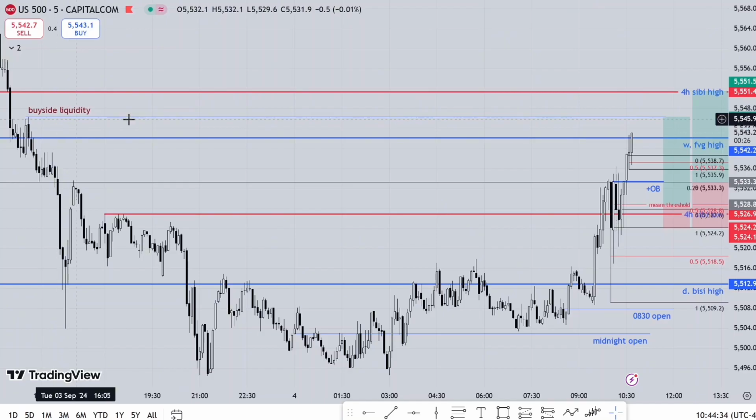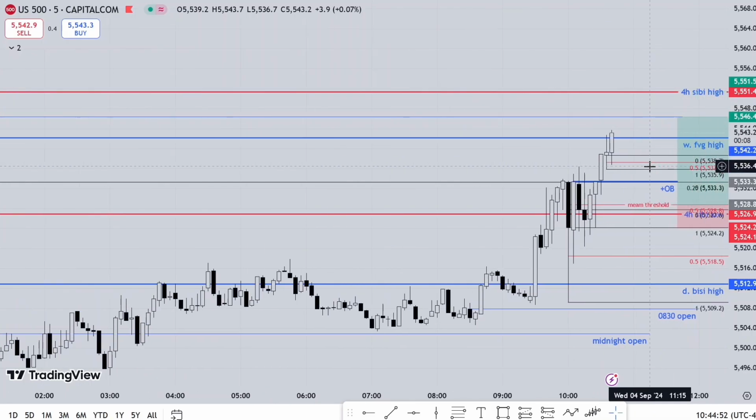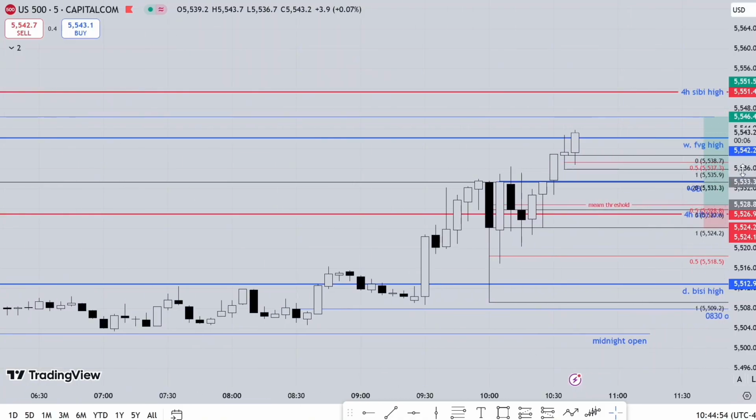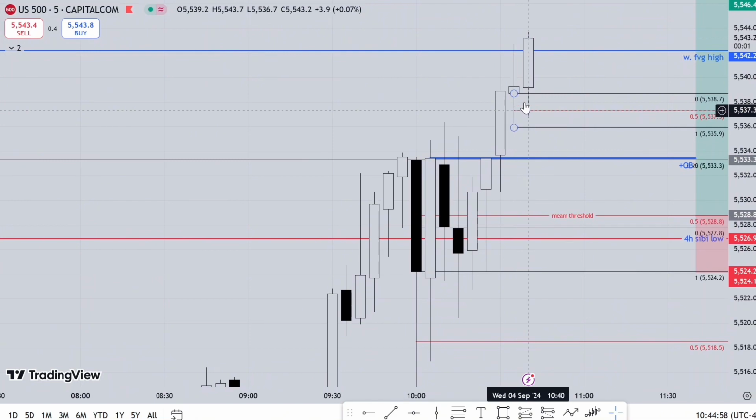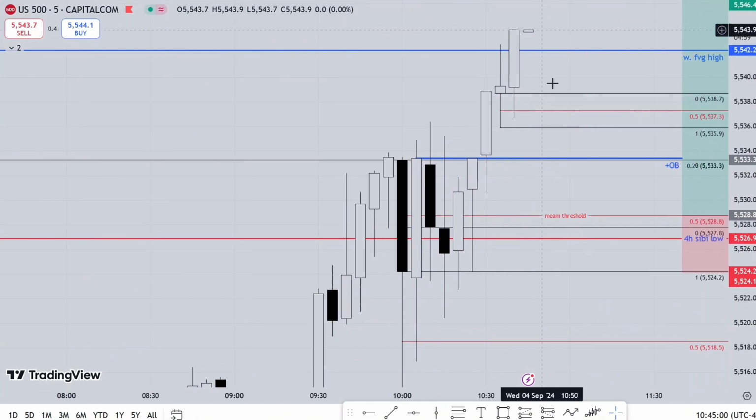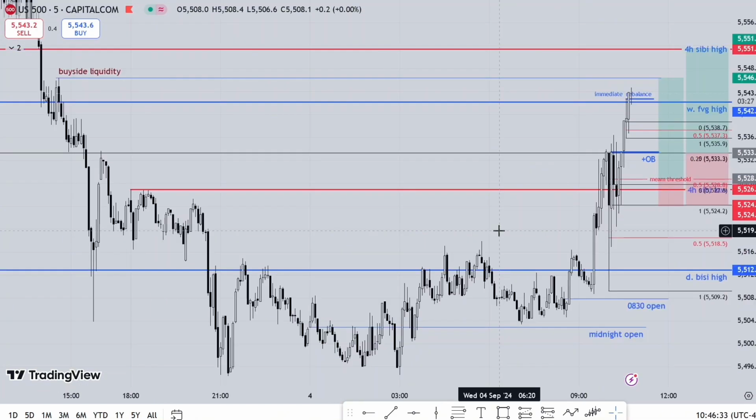So price will react and penetrate to this buy side liquidity up to this 4-hour CB high here. So you have price here using the midpoint of this week as a support level to then rally higher.